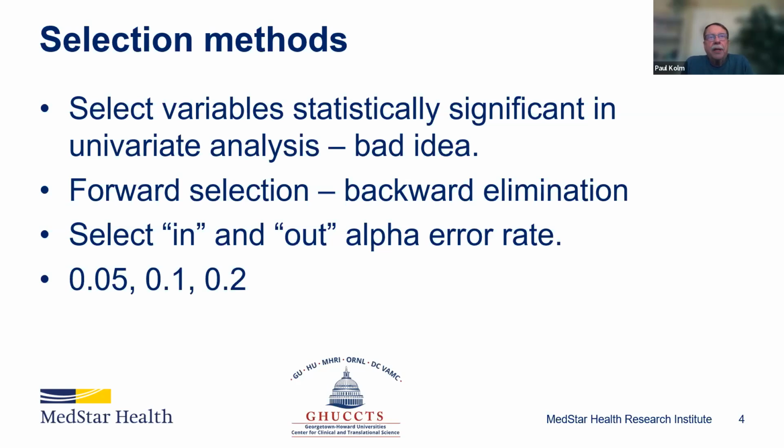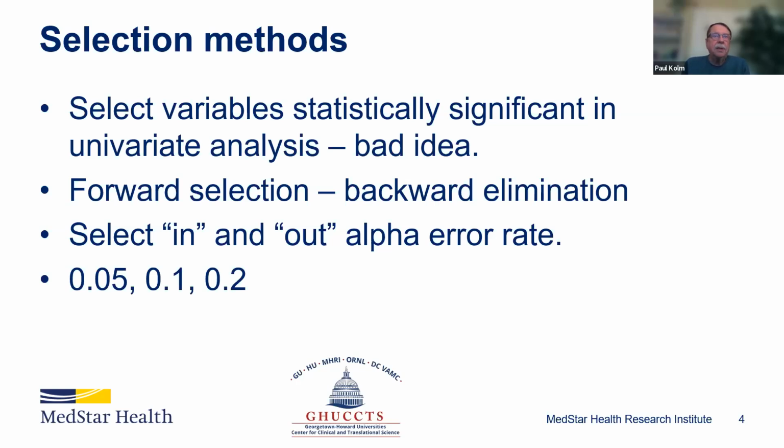The other common method, and that's built into most statistical packages, is forward selection or backward elimination, or a combination of the two. Here you select an alpha rate for your selection variables in and out for your elimination. And so that's just setting an alpha error rate, could be 0.05.